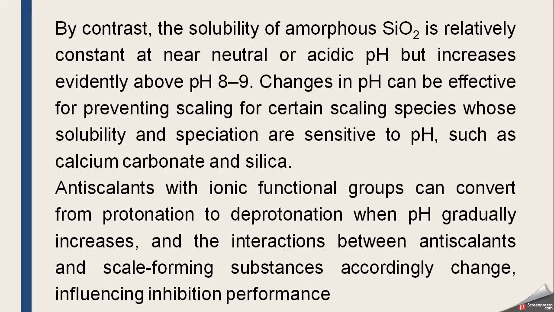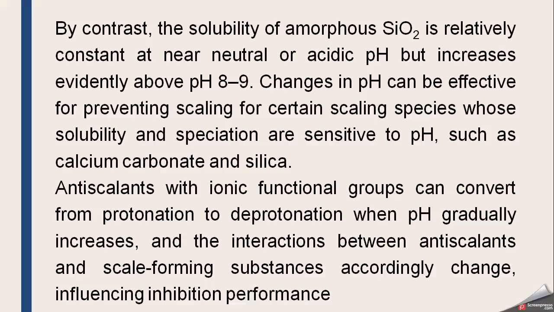By contrast, the solubility of amorphous silica, SiO2, is relatively constant at near neutral or acidic pH, but its solubility increases above pH 8 to 9. So changes in pH can be effective for preventing scaling of certain species whose solubility and speciation are sensitive to pH, such as calcium carbonate and silica.